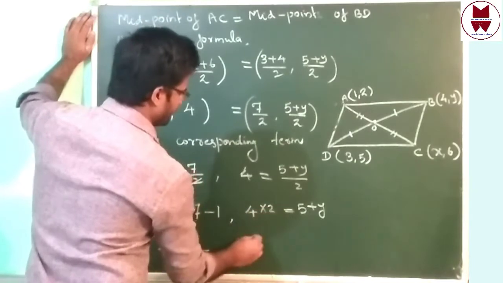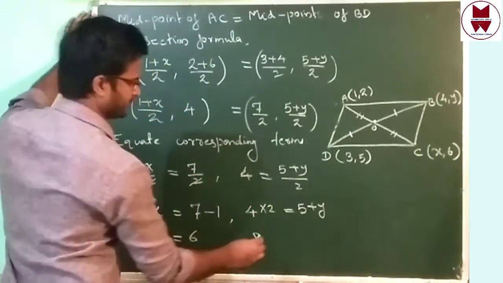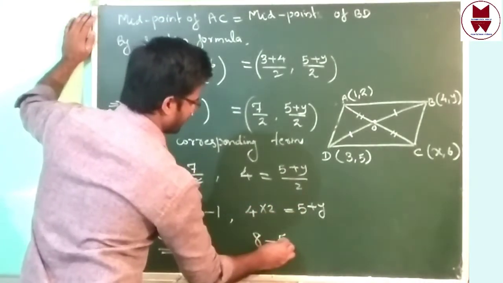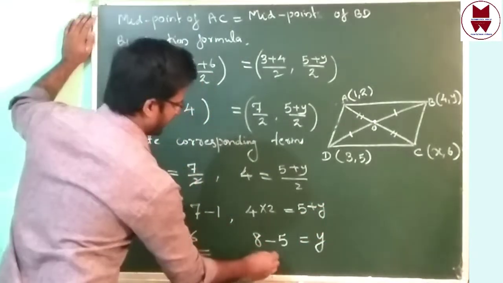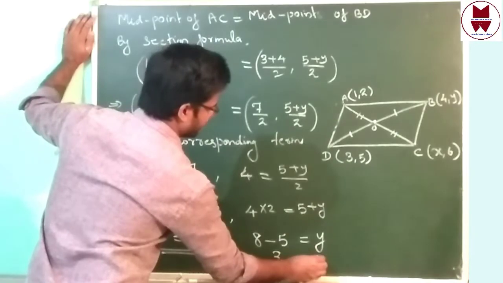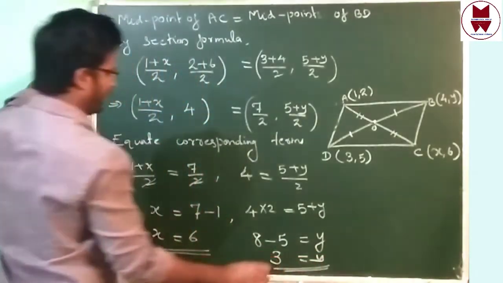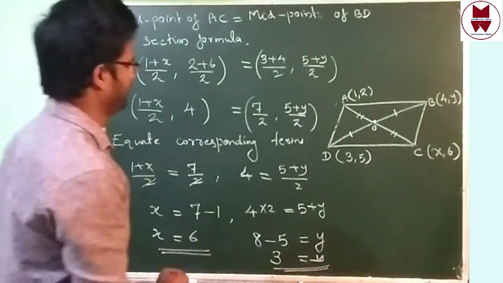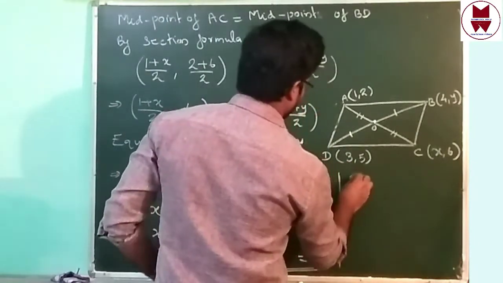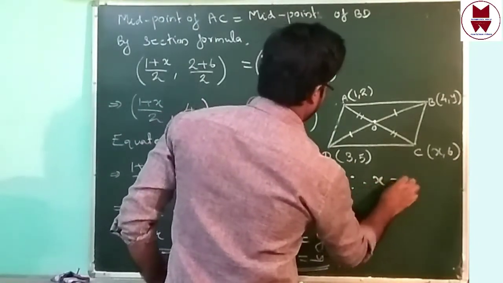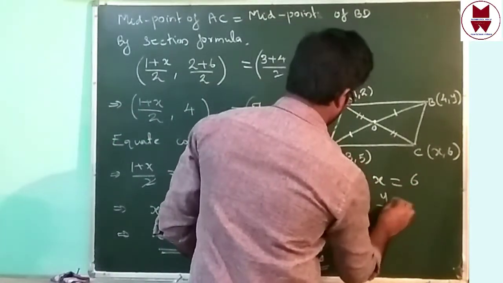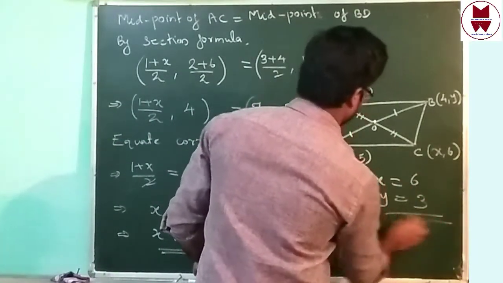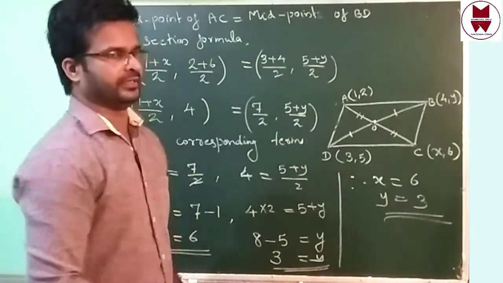Then 4 into 2, 8, minus this 5 equal to y. Then 8 minus 5 is 3. We got y equal to 3. Therefore, we can write x equal to 6, y equal to 3. That is our answer.